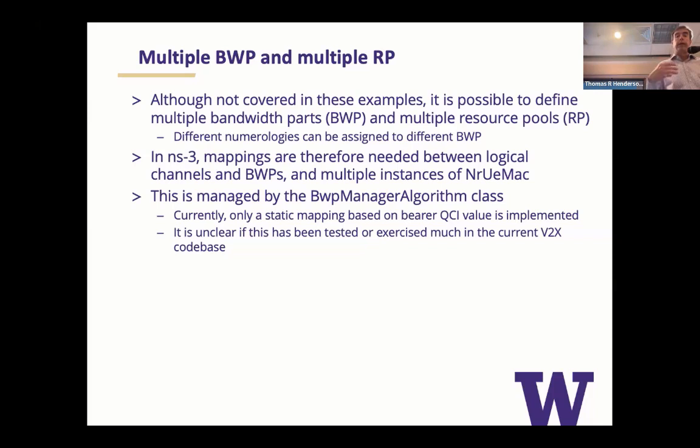It looks to me like this has been experimented with in the uplink and downlink code, but I'm not aware of it ever being tested in the context of V2X. So we've just been focusing on a single bandwidth part and a single resource pool. But there are hooks in the code. If people are interested, there may be some capabilities for multiple bandwidth parts and the mappings between them.